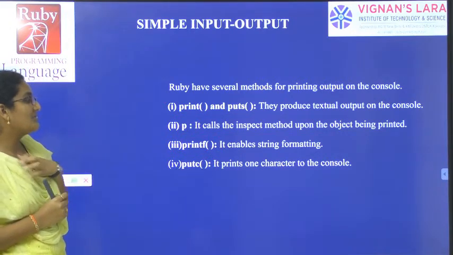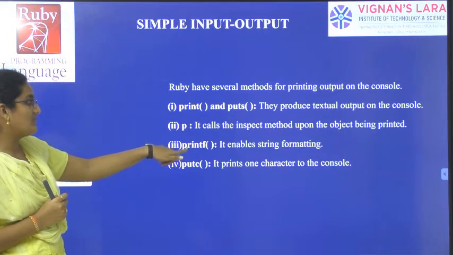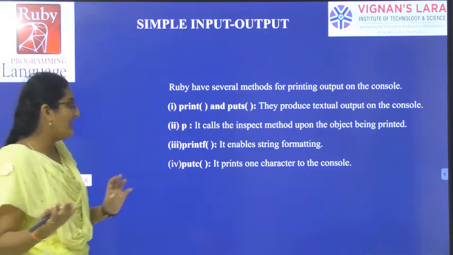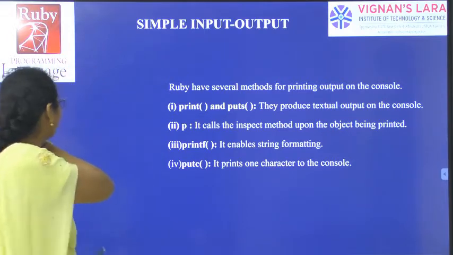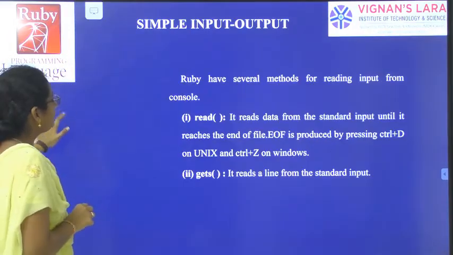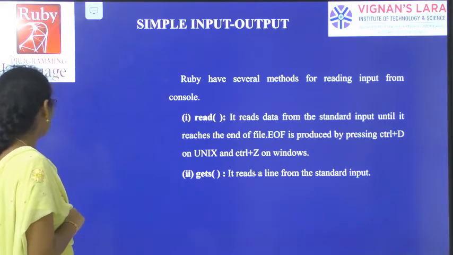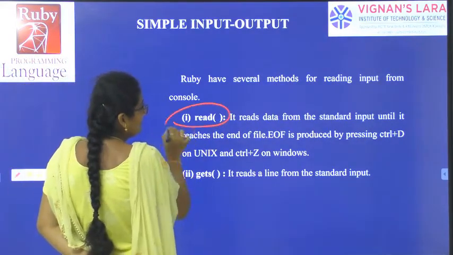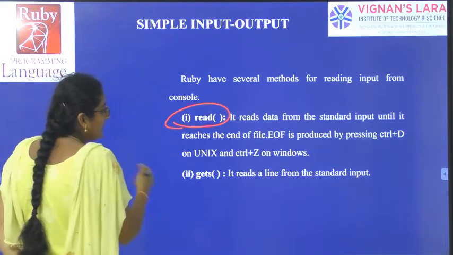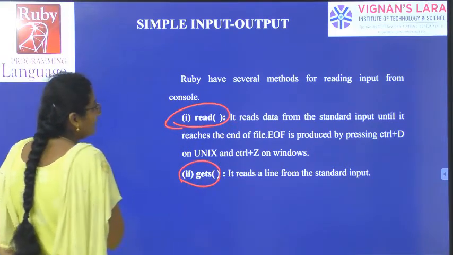If you want to give a string as output, the printf method is used. If you want any textual thing as output, you use print or puts. So these are the methods for outputs. We have several methods for input also. The read method is used to take input. The gets method is used to take input.